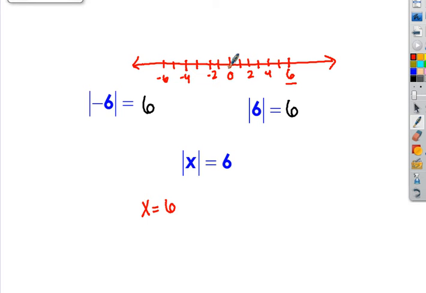Or 6 this way from 0 is -6, so x could also be -6. So your answers are -6 and +6, because if I take the absolute value of -6, I get 6. And if I take the absolute value of +6, I get 6. So your answer is written like this in set notation, showing it could be 6 or -6. Those are your answers.